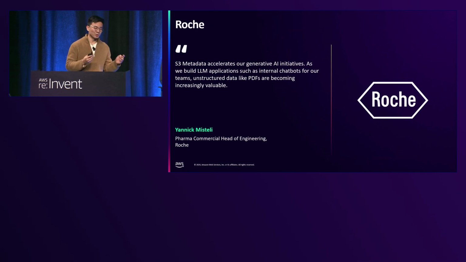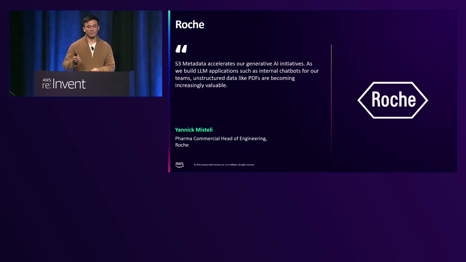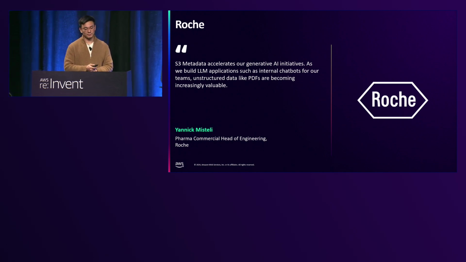And so what they will do is they will use the S3 metadata as a sort of index source of truth of what's inside of their bucket, and run their own Lambda to extract metadata specific to their business context.